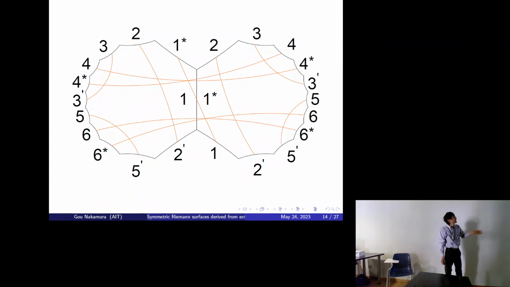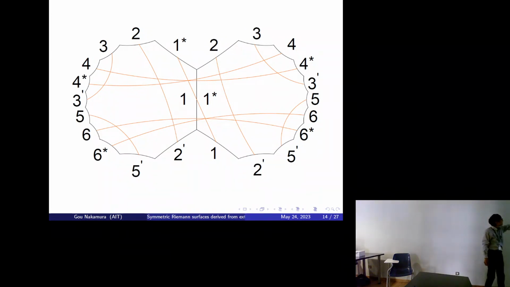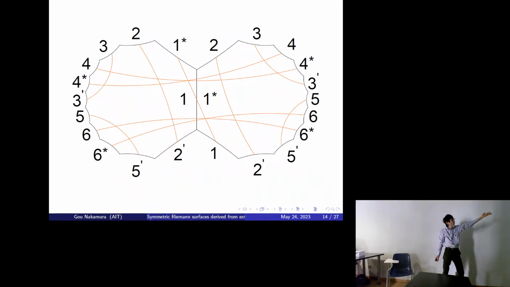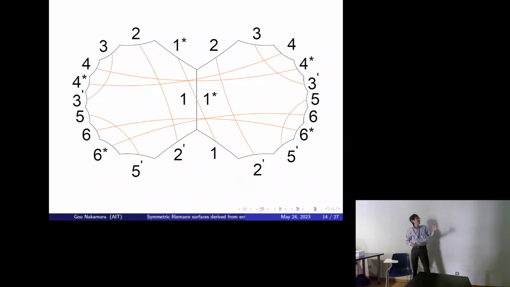For example, 1 star and 4 star is connected to right side 4. And the original orange curve is preserved.